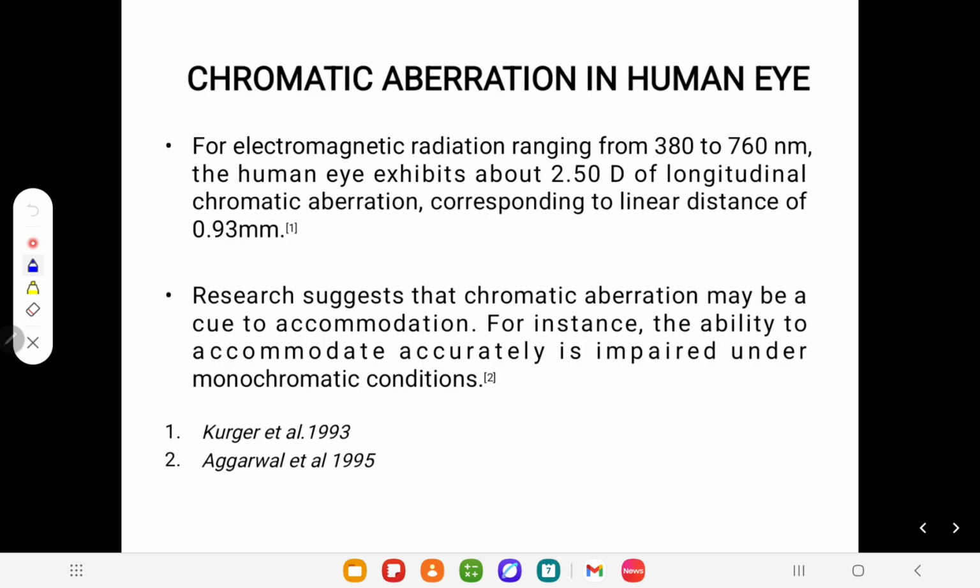So, chromatic aberration in the human eye. See, in the human eye there is chromatic aberration between 380 to 760 nm, which is approximately 2.5 diopters, and in the visible range linearly, approximately 0.93 diopter. Researchers suggest that chromatic aberration may be a cue for accommodation. And this longitudinal chromatic aberration is the basis for what?